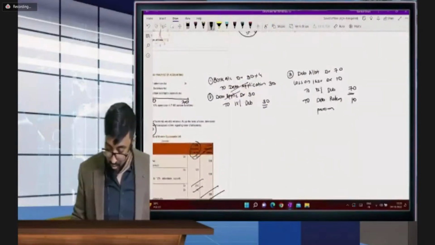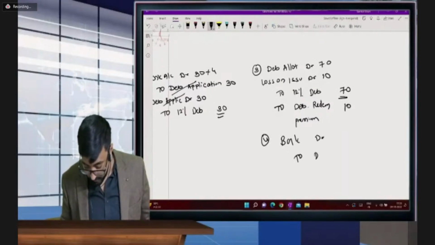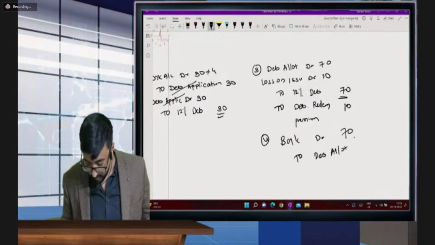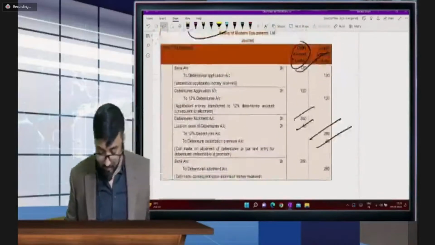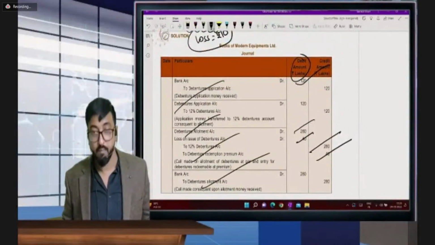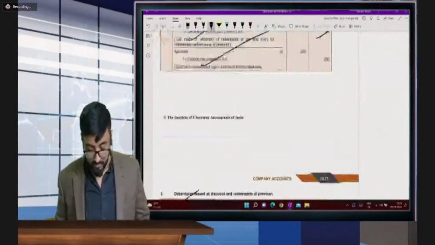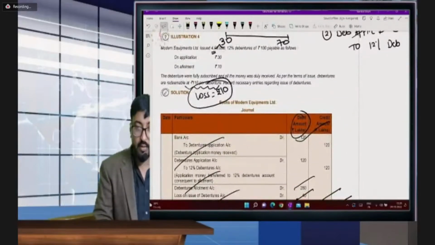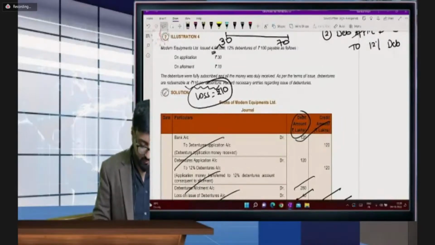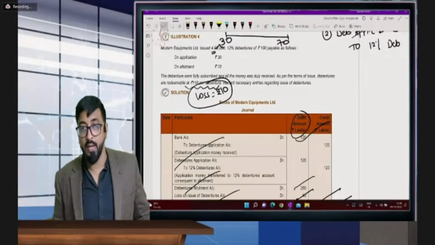And bank account debit to fourth entry. Bank account debit to allotment.